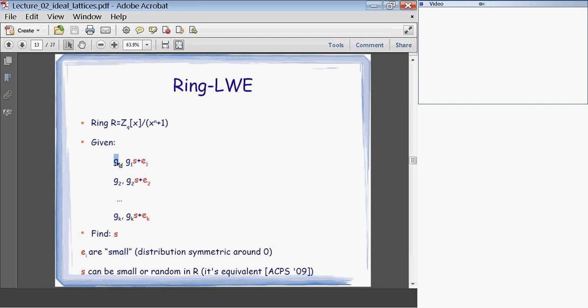So given G1, now it's a vector. Remember, it used to be a matrix, now it's a vector.